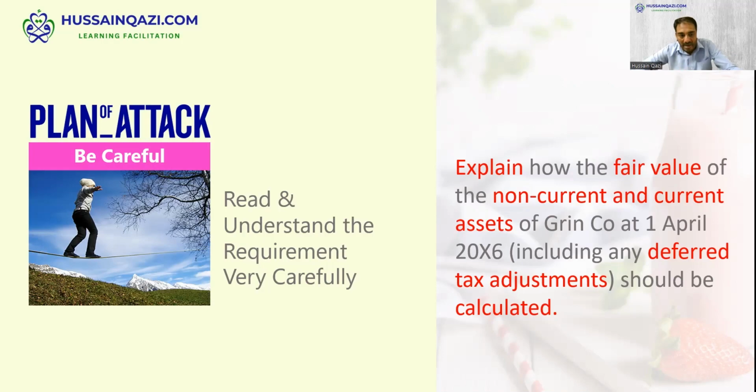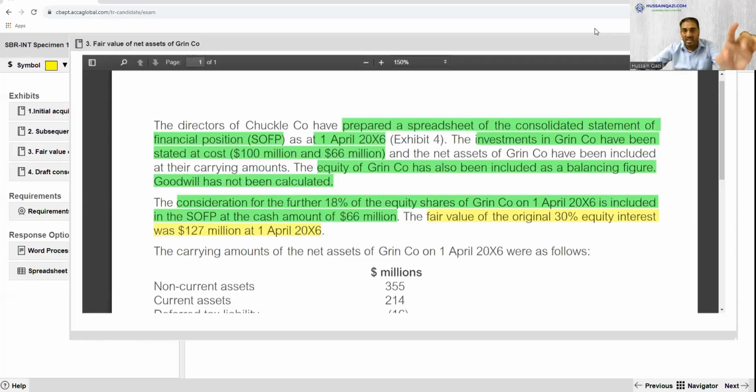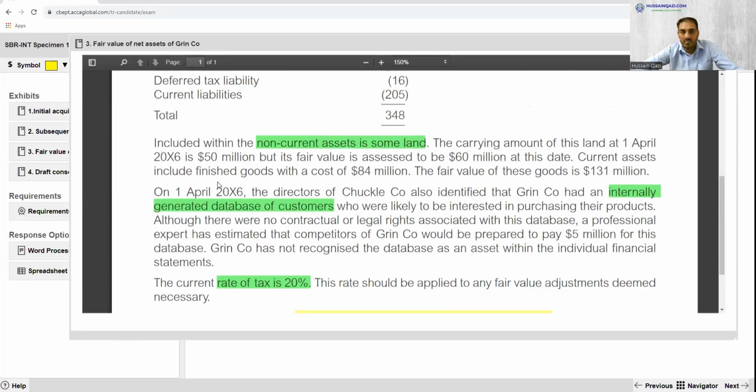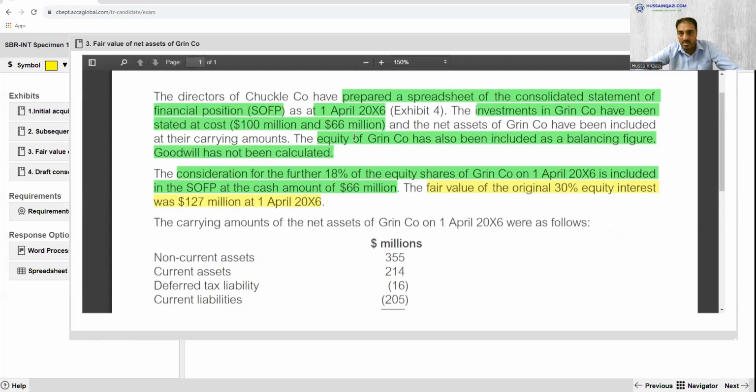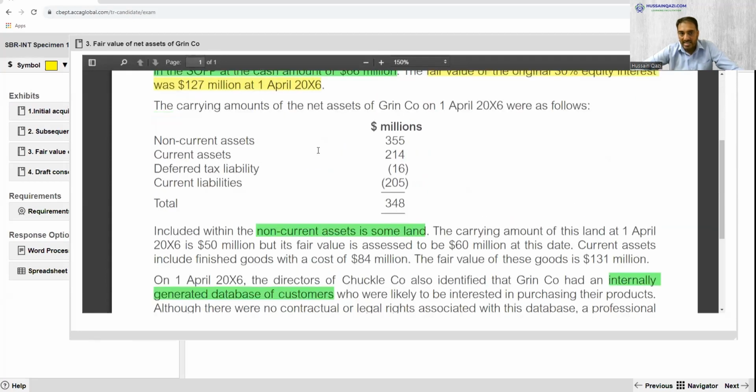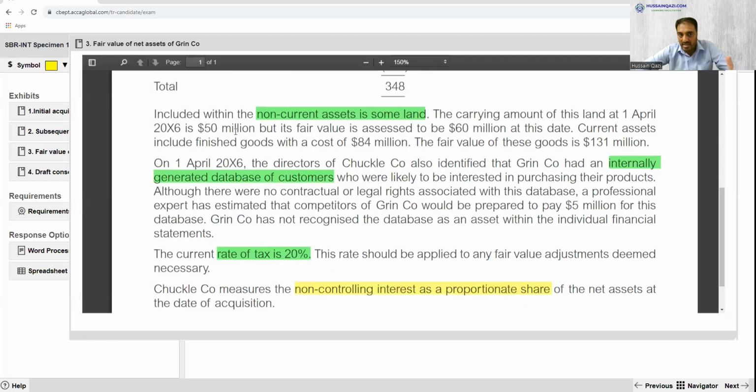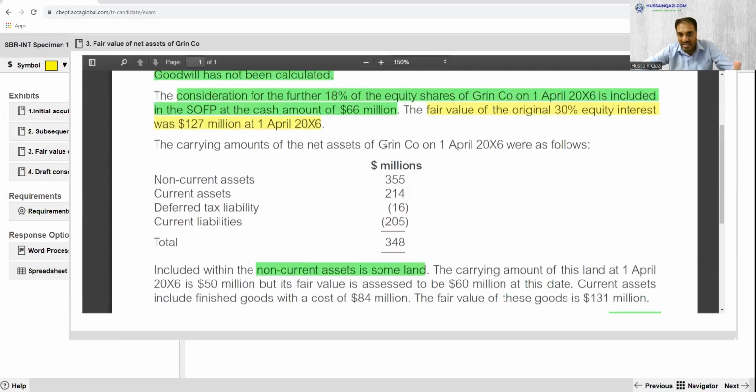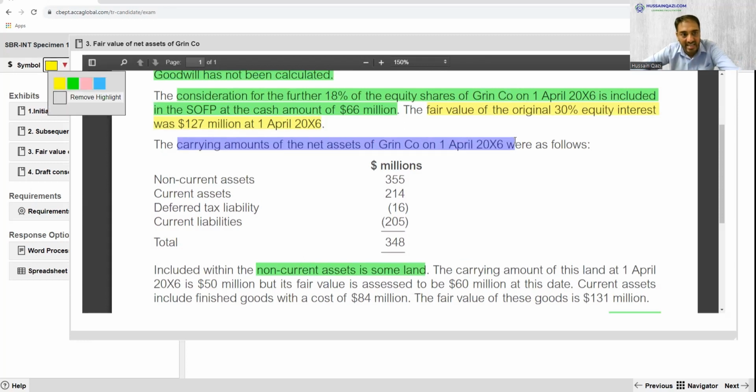Before mind mapping, we must refer to exhibit 3 first. Exhibit 3 mentions the carrying amount of the net assets of GRIN company at 1st April X6.